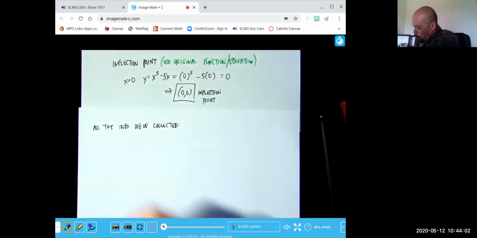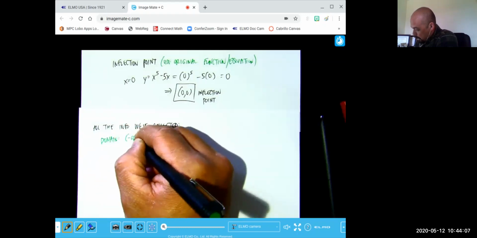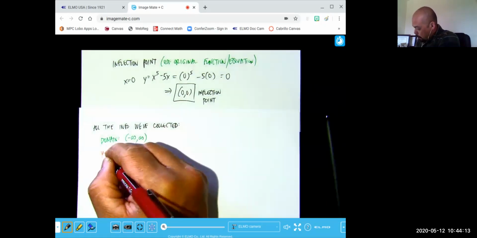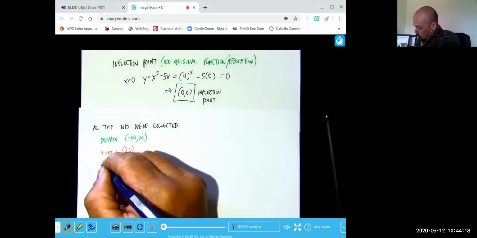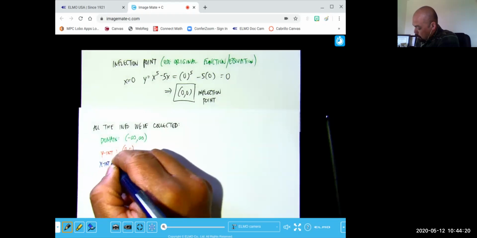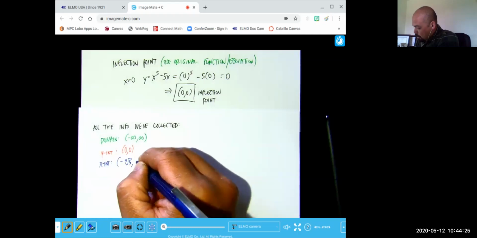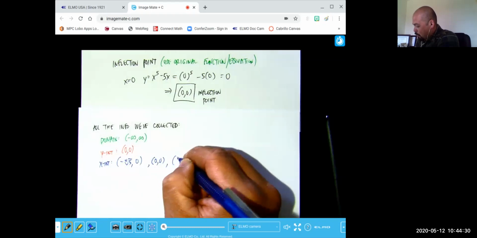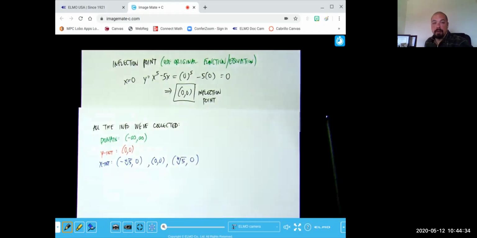So our domain, we're going the entire number line. For our intercepts, right? The y-intercept, 0, 0. X-intercepts at those locations, right? Negative 4 through to 5, 0. The origin 0, 0, and then the positive 4 through to 5, that 1.5 that I kind of computed, right?